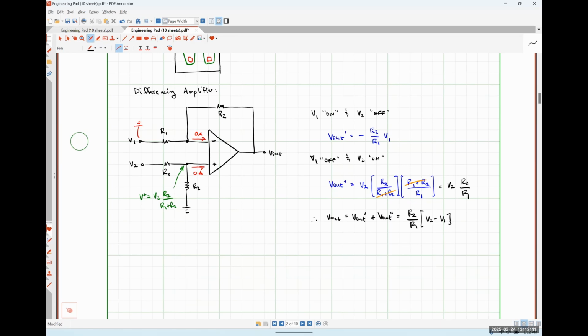Otherwise, I'm going to get slightly different scaling on V2 and V1. Okay. So any questions about this guy? And hopefully we can see pretty easily input signal on the inverting side contributes to the negative sign. Input signal on the non-inverting side converts to what's going on with a plus sign over here.